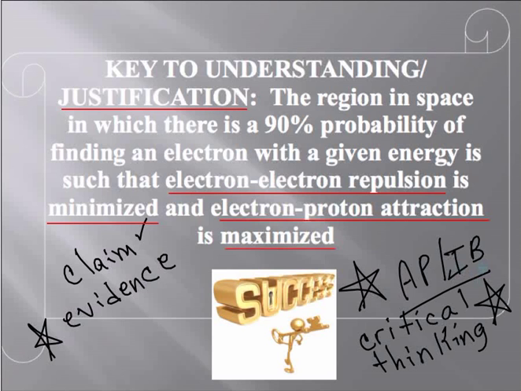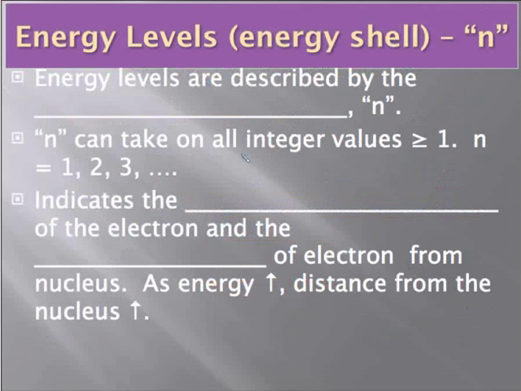So electrons want to get as close to the nucleus as possible, but they still need their own little personal space away from one another. So we want to keep those 2 things in mind because that will be the key to our justification answer. All right? Not just an observation, it has to be a justification, a why statement. Why does this happen?